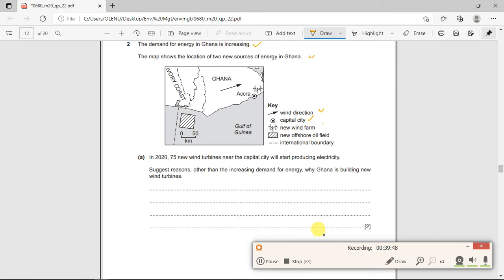So the first question is, in 2020, 75 new wind turbines near the capital city will start producing electricity. Now, suggest a reason other than the increasing demand for energy why Ghana is building new wind turbines. First, it will reduce dependence on fossil fuel.